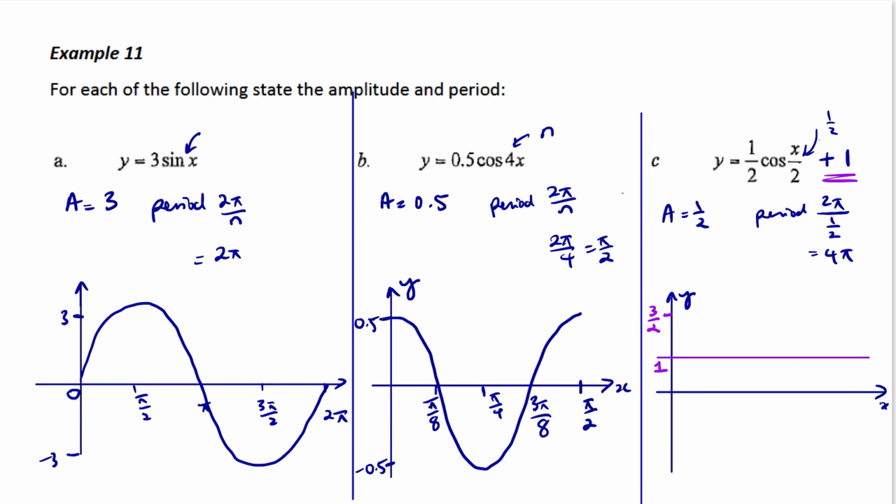And if my starting point is 1 and it's going to go a half underneath that, then it's going to go to only 1/2. So I do need to change this so the scale matches a little bit more. So my lowest point will be at 1/2.